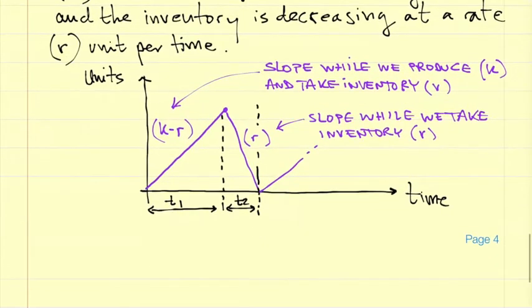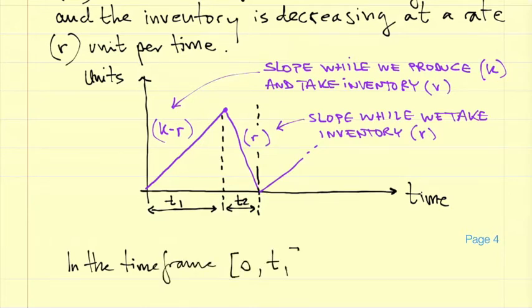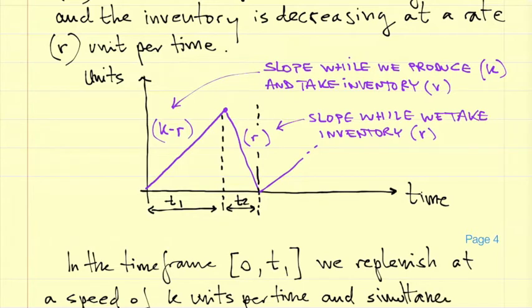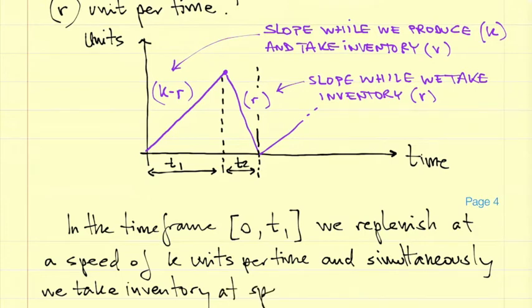So basically, in the time frame (0 to T1, we replenish, we produce at a speed of K units per time, and simultaneously we take inventory, we deliver the inventory at speed, at rate R units per time.